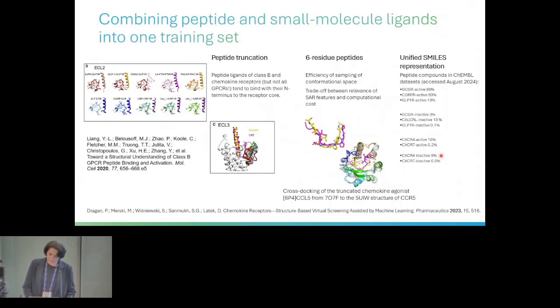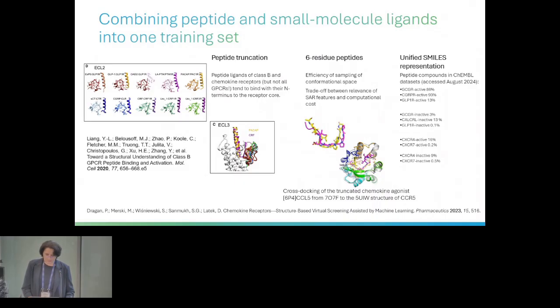Currently, there are two classes included in GPCRVS, class A and B. Receptors from both of these classes are endogenously activated by peptide agonists. This is why there are many active compounds in ChEMBL datasets for these receptors.